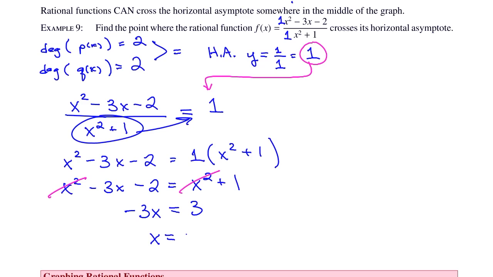And so, simplifying and solving, we get x is equal to negative 1. So that means there is a point on the graph of this rational function that is negative 1, comma 1. It's the x-coordinate that we just solved for, and we know the y-coordinate because the horizontal asymptote was at y equals 1.